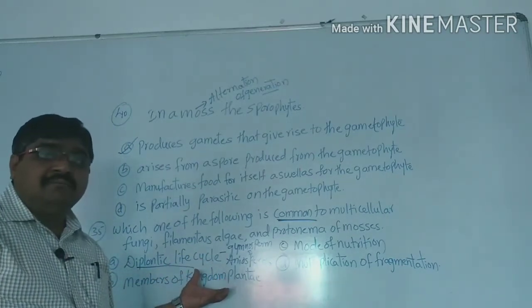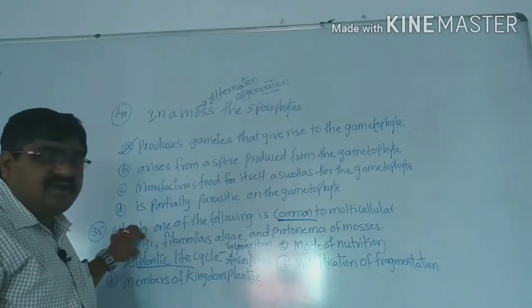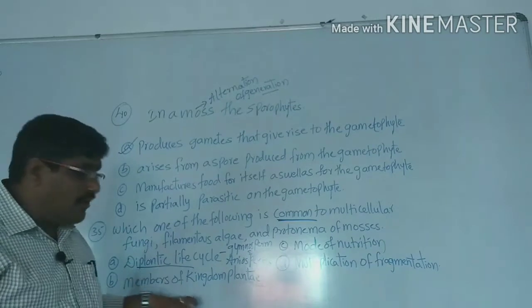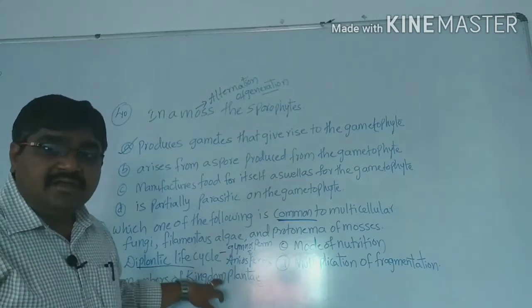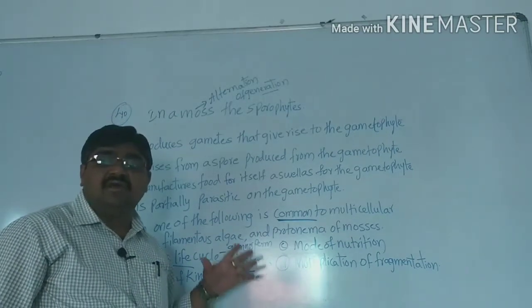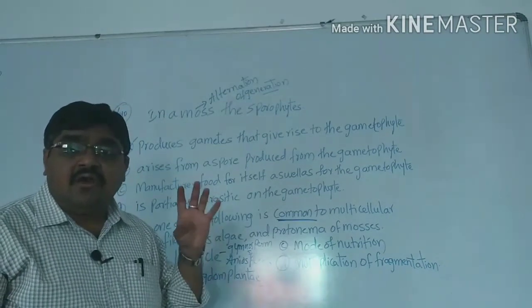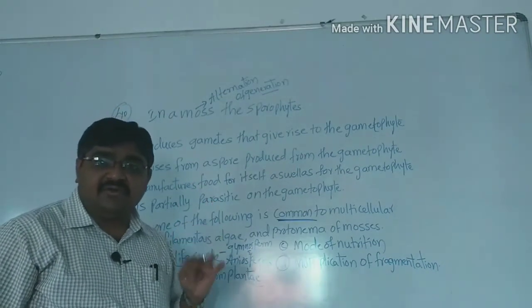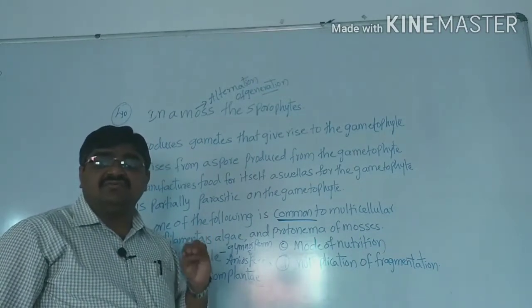These are not members, that means the fungi is not a member of kingdom Plantae. Why? Because kingdom Plantae includes higher multicellular chlorophyllous organisms such as the algae, bryophytes, pteridophytes, gymnosperms, and the angiosperms.